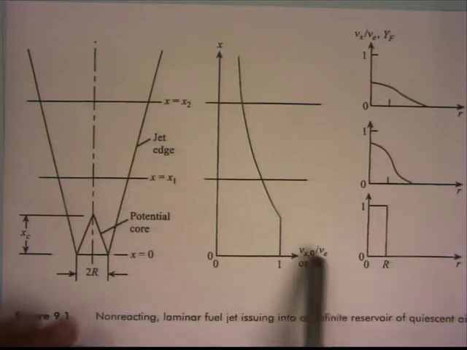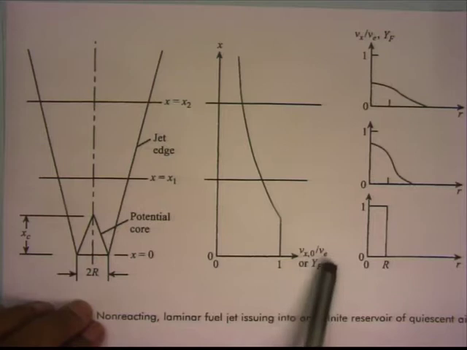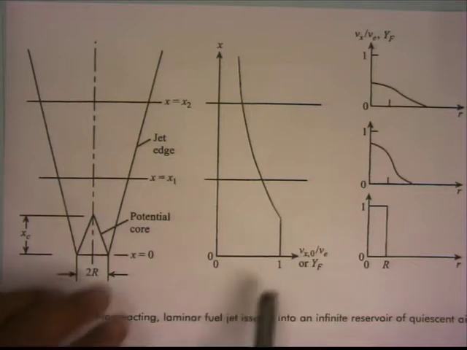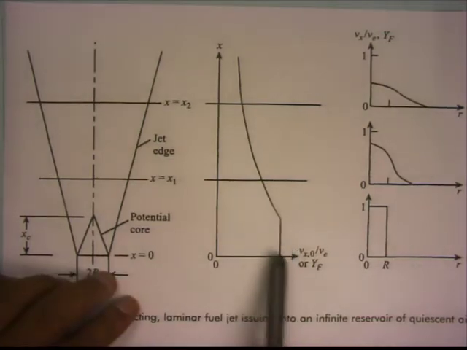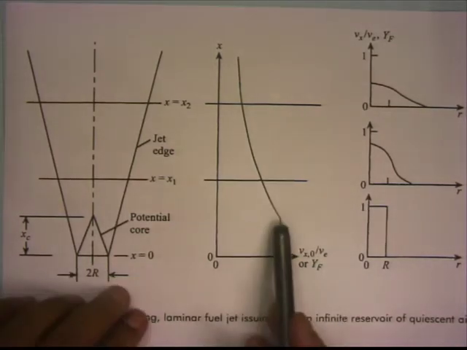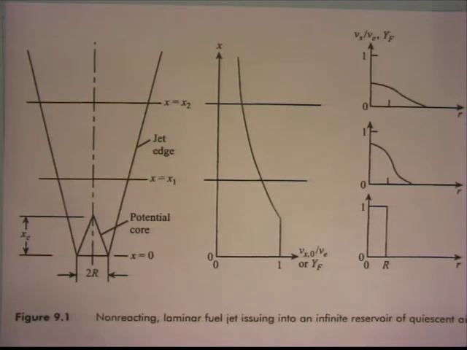So if you plot the center line velocity Vx0 normalized by the uniform exit velocity at the nozzle, you'll notice that it is 1, that is unchanged from the nozzle value, up to some height, the same height as the potential core, and then it decays. So the center line velocity decays.